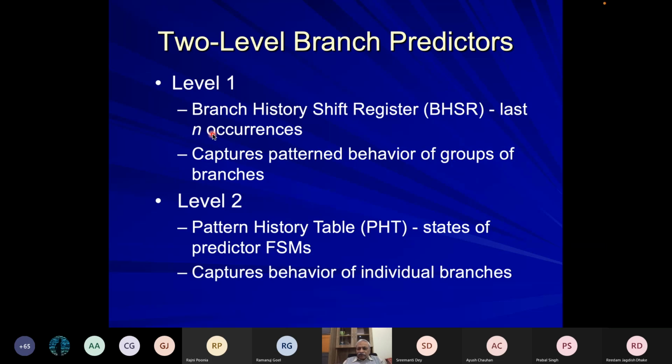So this captures the behavior of individual branches. So we are doing two things. One is that we are looking at the last n occurrences of some branches, whatever has occurred before this. And then we also have focused information about this particular branch, what happened to its last few occurrences.